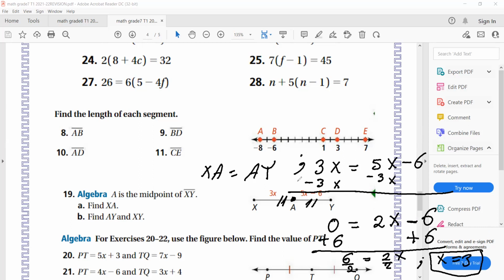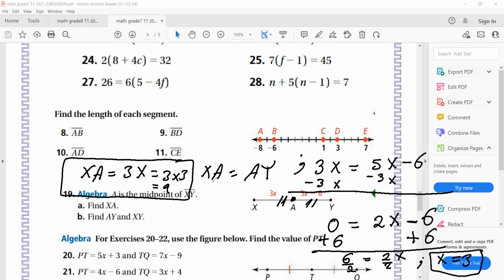Find the length of XA. XA equals 3x. Then 3 times 3 equals 9. Find the length of AY. AY is 5x minus 6. 5 times 3 minus 6 equals 9. Must be the same.